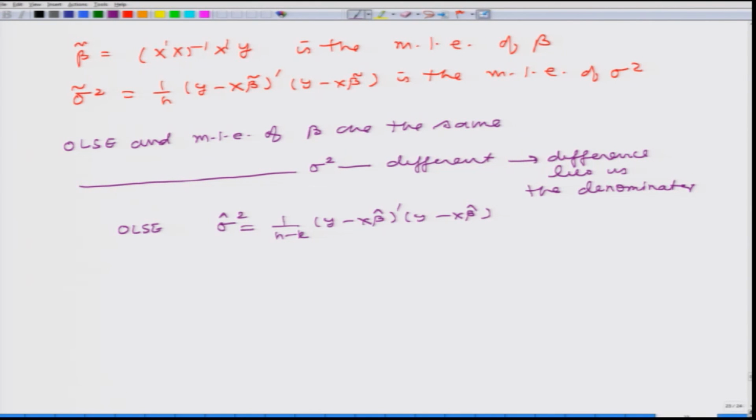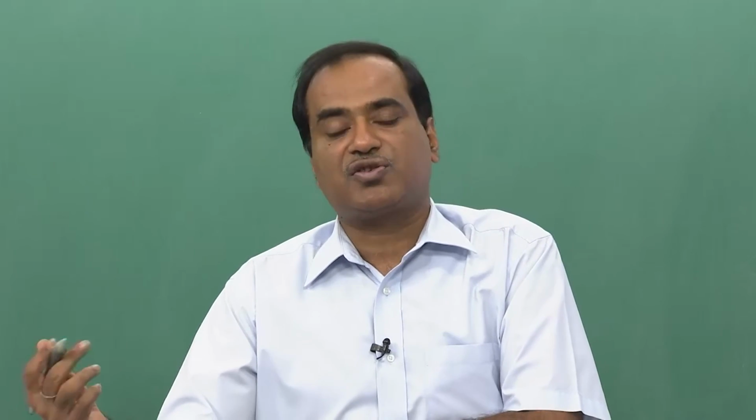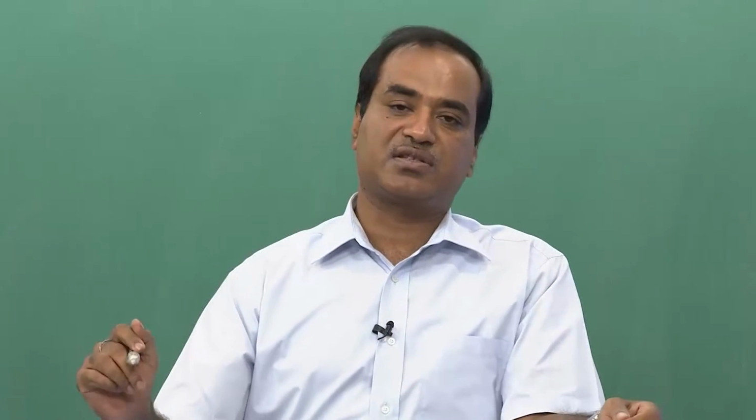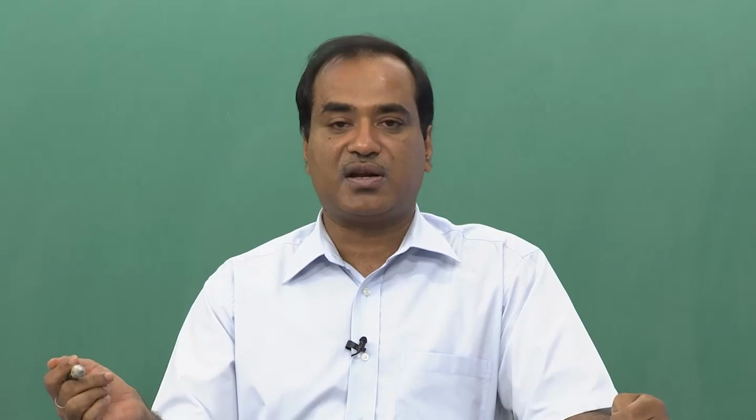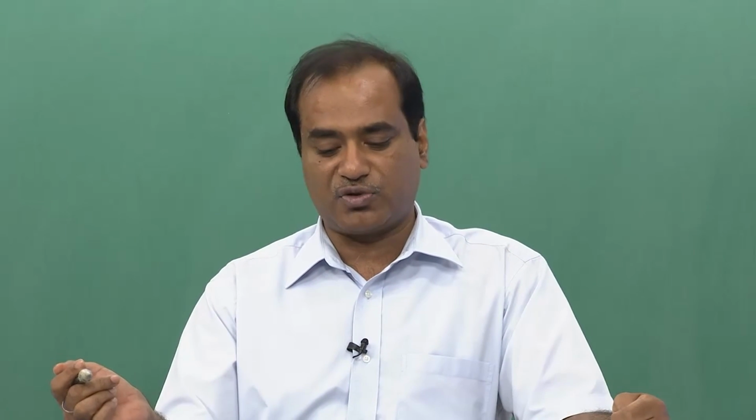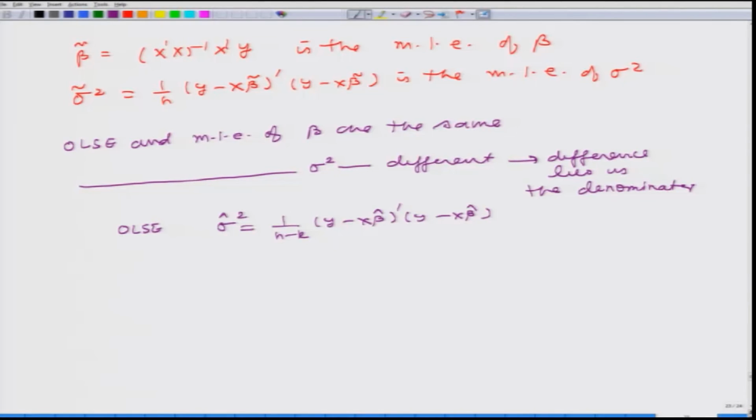In the case of the maximum likelihood estimator, the denominator here is n, and that is obvious, since maximum likelihood estimates have the established property of having minimum variance. So, whenever we divide the quantity (y minus X beta tilde) transpose (y minus X beta tilde) by n, we are going to get a lower variance.